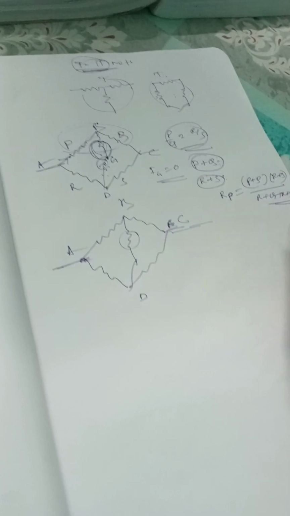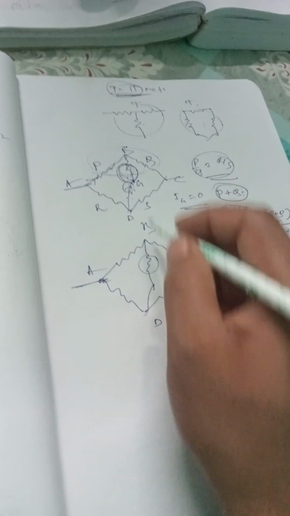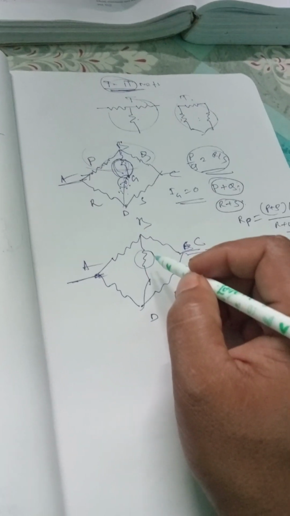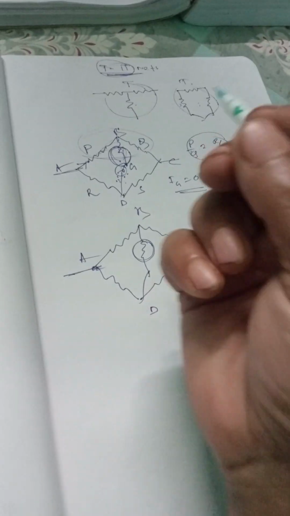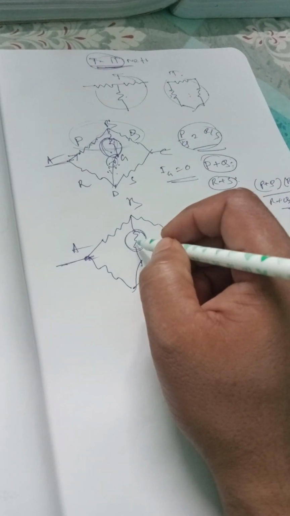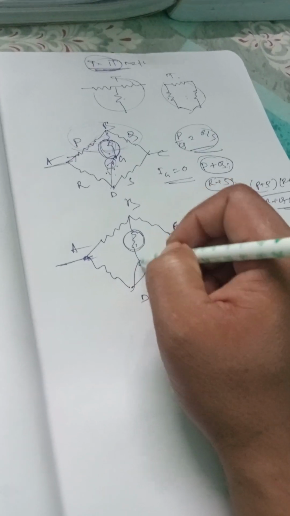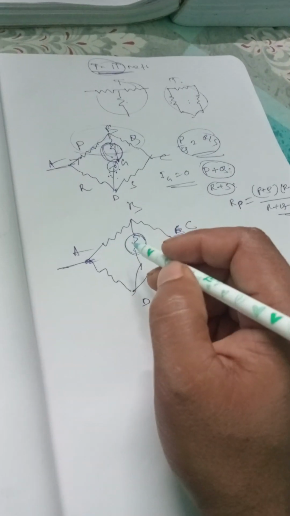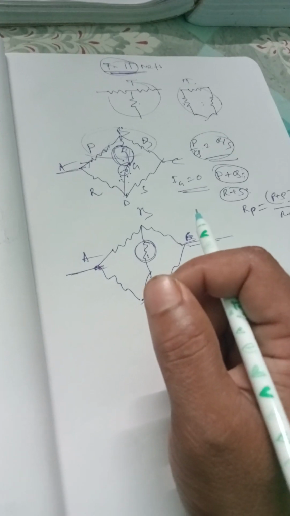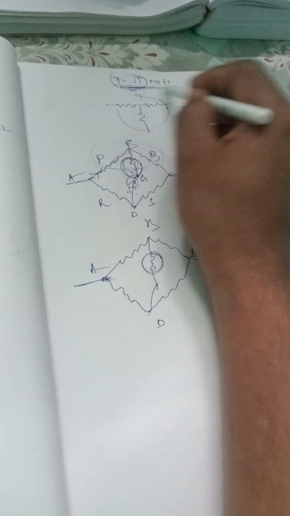Very good, so it is simple. But it is harder than this, because here a current will flow through this resistor. Then you have to modify this circuit into a new type of circuit with the help of the T-Pi network theorem.